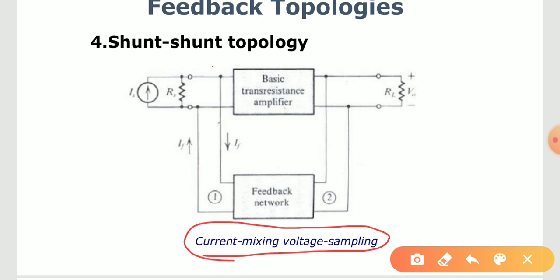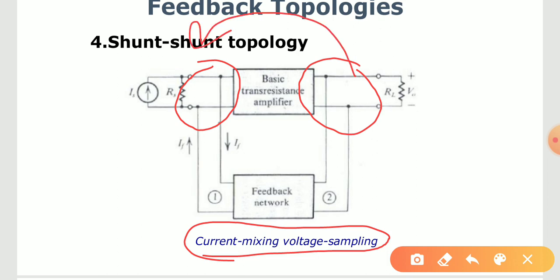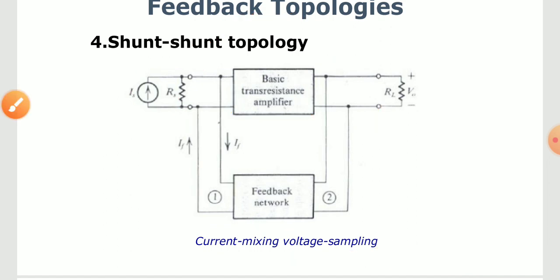And due to the connection at the input side for the base transconductance amplifier being a shunt form for the mixing, and for the sampling network also shunt formation used, this is the reason for shunt. Here this one is used for the mixing, so the shunt topology name is suggested.